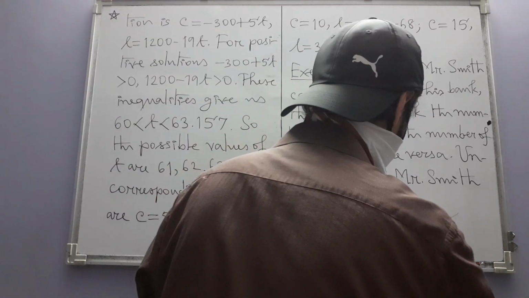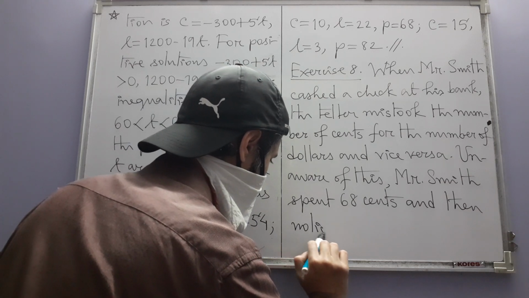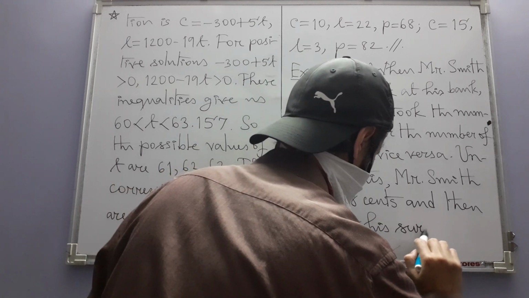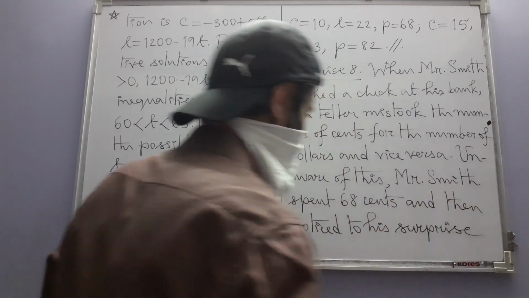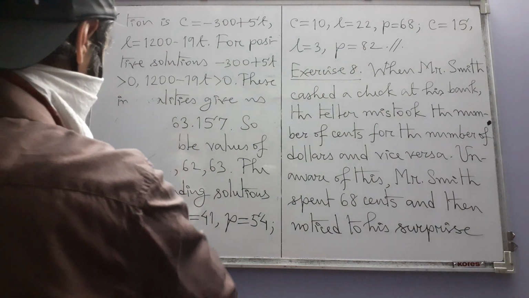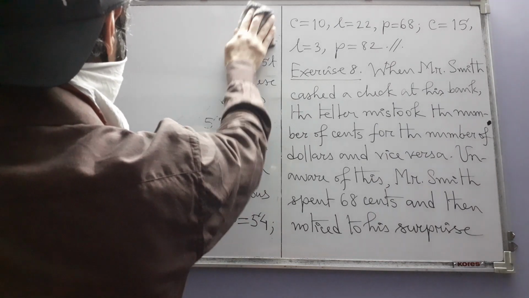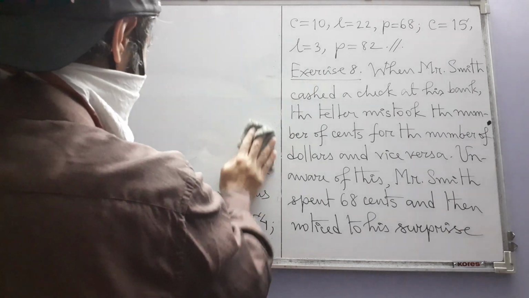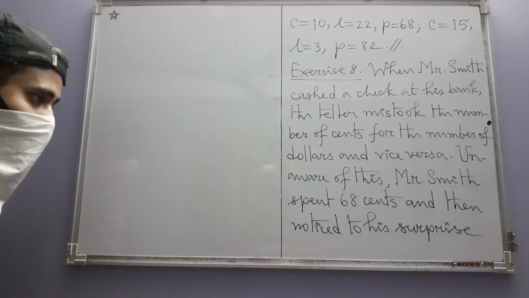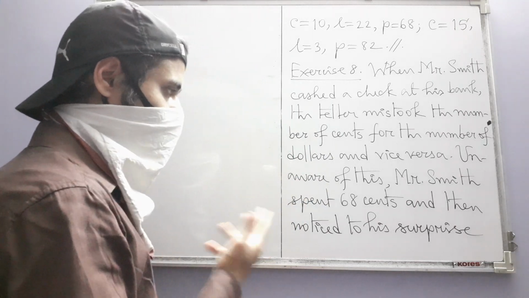and then noticed to his surprise that he still has more money than what was written on the check. Actually, it should have been less money, but he finds that even after spending 68 cents, he still has more money than what was written on the check. How much more?